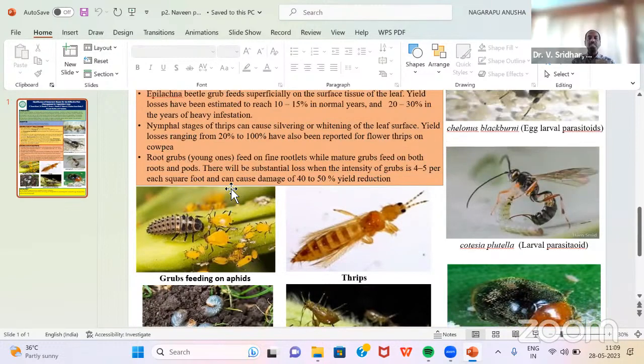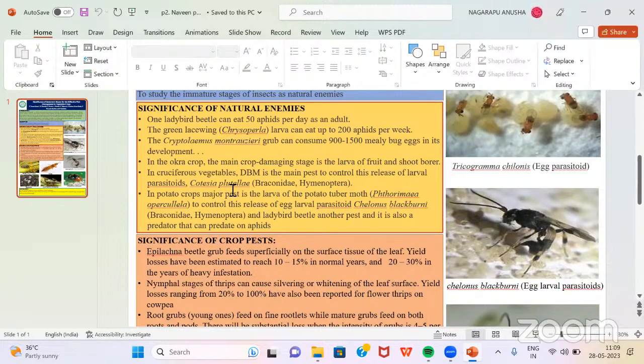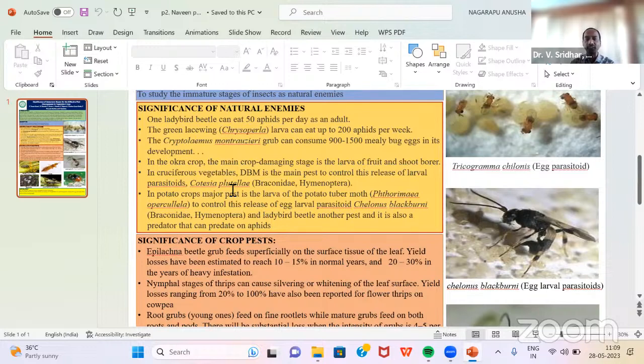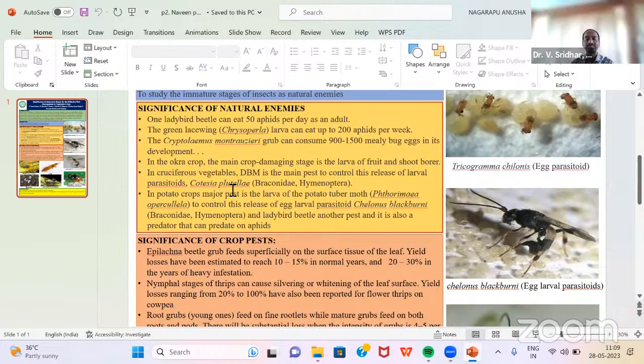You mentioned Trichogramma chilonis, one of the egg parasites. Can you connect this with any of these vegetables where it can be used? Okra, sir. Since yesterday we have been discussing where Trichogramma chilonis can be recommended, because commercially it is also available. What are the crops where you can use this particular egg parasite? In okra crop, sir. In okra, against what pests?